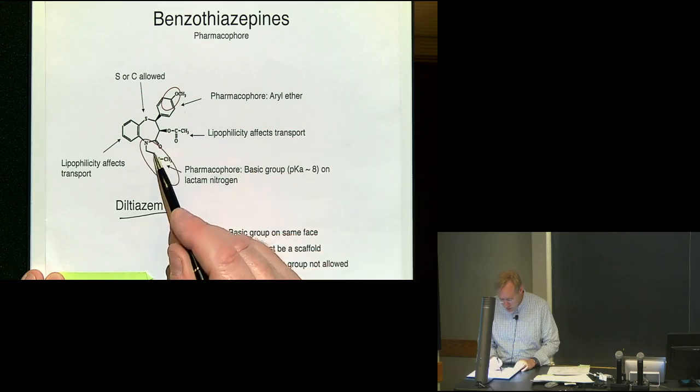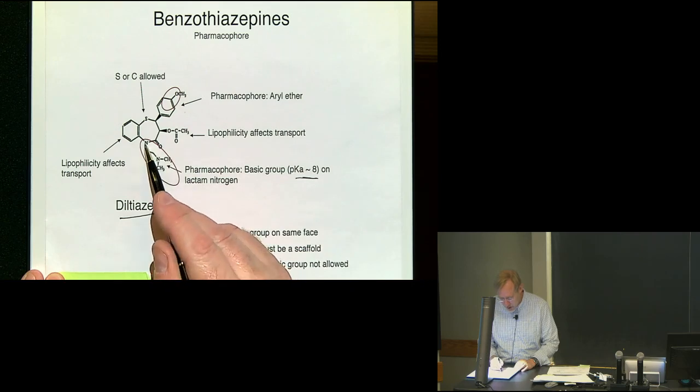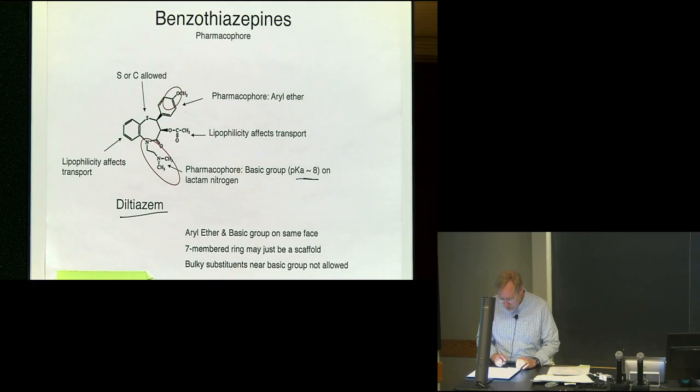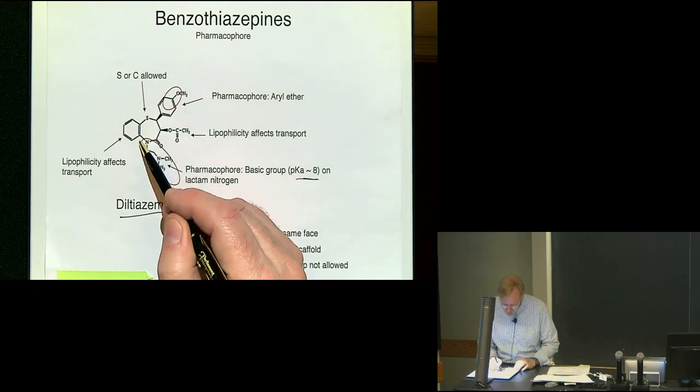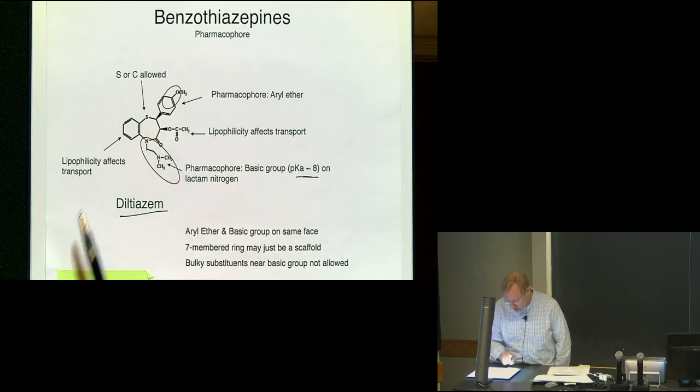You need this basic group on here, pK about 8, on this nitrogen appended to the lactam. The aryl and ether groups and the basic group are on the same face, so the idea is the 7-membered ring might just be a scaffold to hold all these things on the same face and maybe isn't that important for binding to the protein.